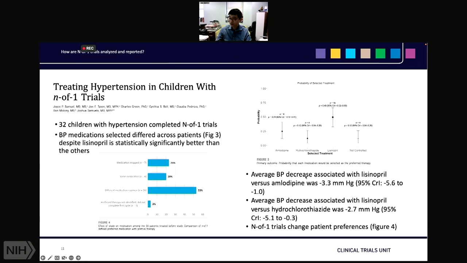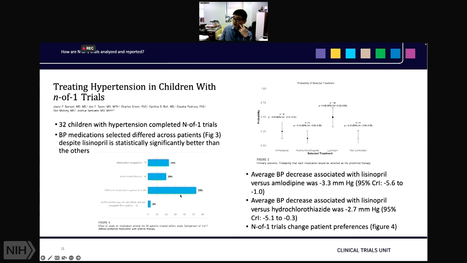And what is important is that in this study, we also recorded the BP medication before the N-of-1 study. As it turns out, over 50% of the participants changed the medication as a result of the N-of-1 study.